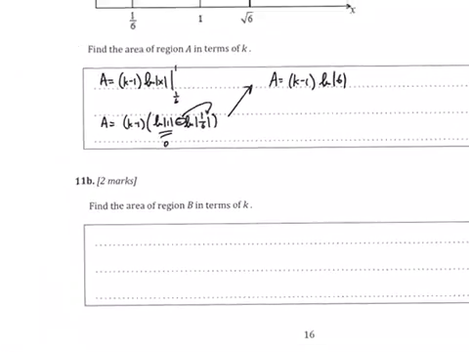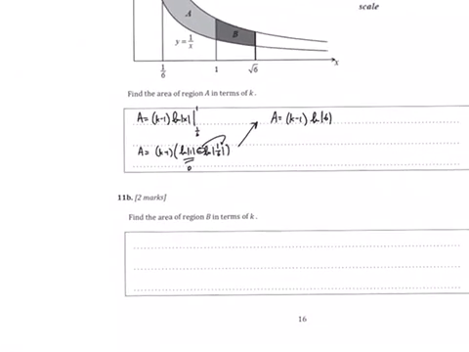Find the area of region B in terms of k. We're going to do the same thing. B will be the integral now from 1 to root 6 of the same function, k minus 1 over x. So B will equal k minus 1 ln of x evaluated from 1 to root 6.